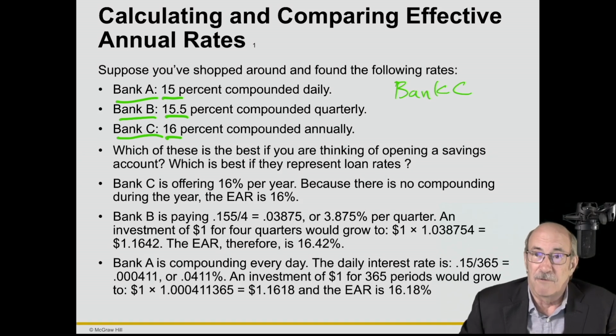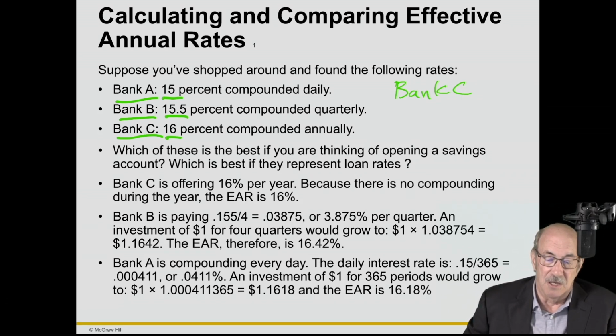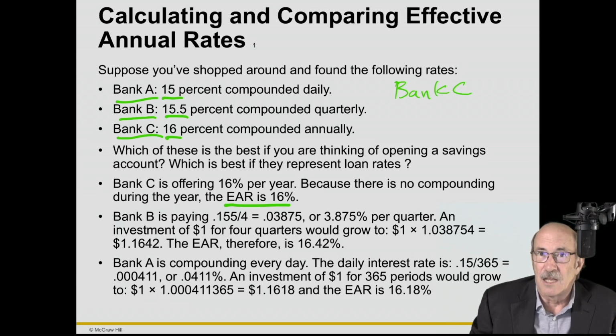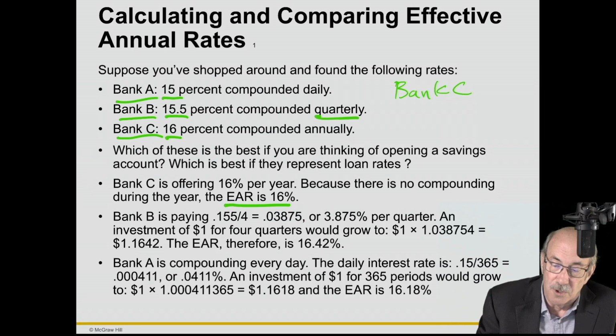But if we do have compounding, and depending on whether we're borrowing or lending, we might pick one of the other banks. So let's see what's going on. Well, remember what I just said about if compounding is annual, APR is equal to EAR. So in Bank C, the EAR is 16%. Bank B, because it's quarterly, we divide the 15.5 by 4.